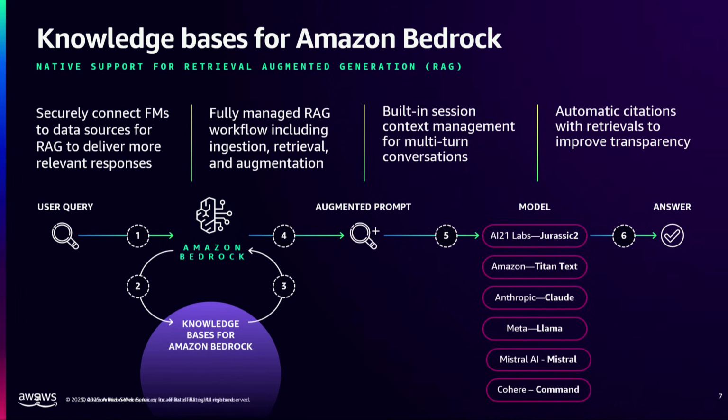So there are a few components that come into the picture, and they need to integrate with each other. Bedrock knowledge bases gives you that end-to-end RAG workflow with few configurations. You can put that together very quickly.